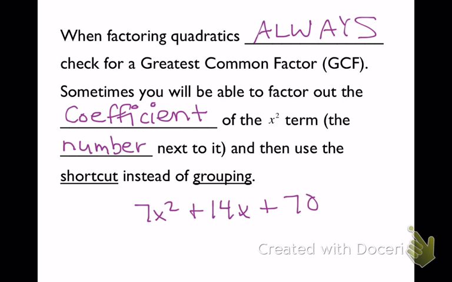If we factor out the 7, we end up with a quadratic that we can probably use the shortcut on, so I would not have to use grouping. This is probably not the perfect example, but the general idea is that this term ends up being by itself, which means we have that invisible 1, which now means I can use the shortcut.